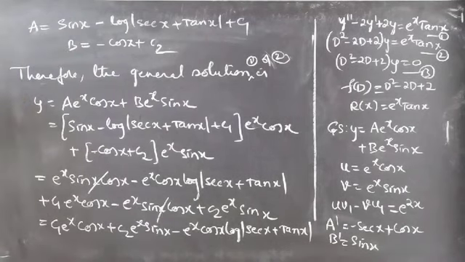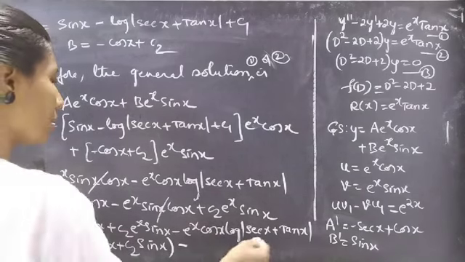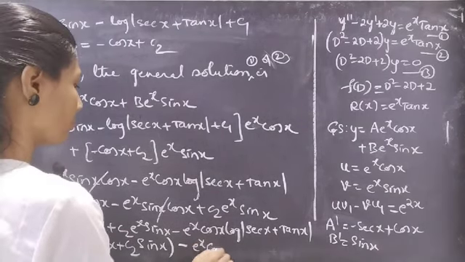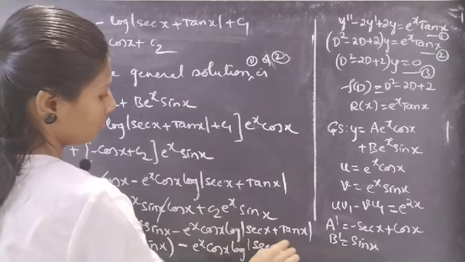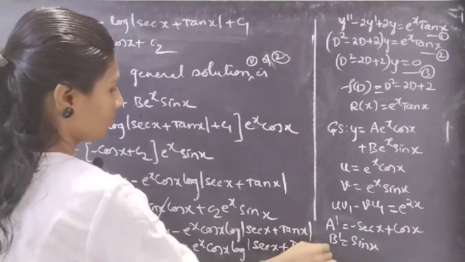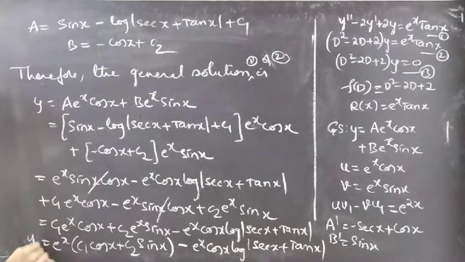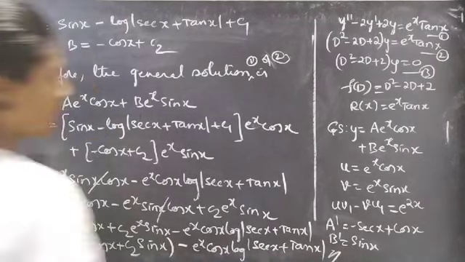Let's take e power x common from the first two terms. We'll get e power x times c1 cos x plus c2 sin x, minus the last term, which remains the same. Okay, which is the required solution. This completes the problem.